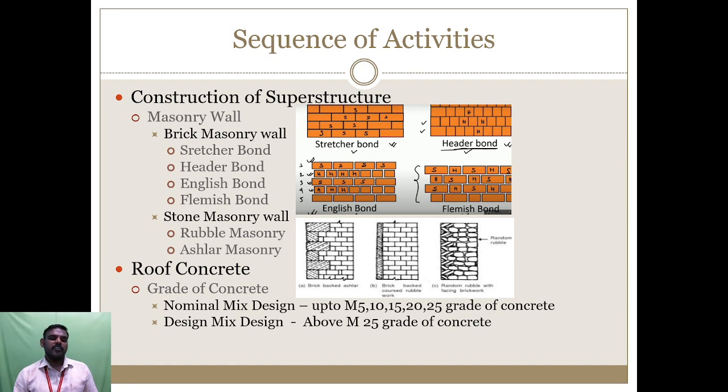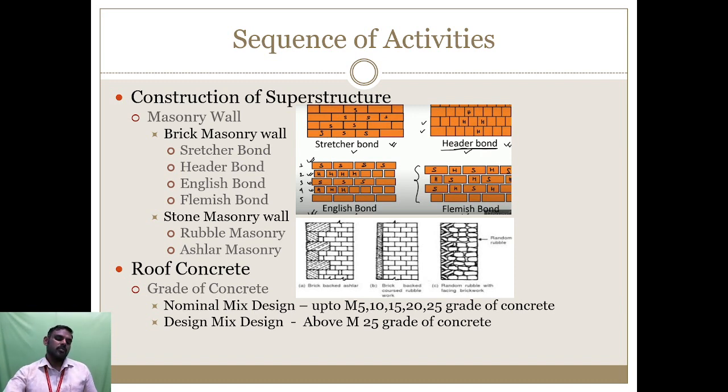If it is a framed structure, roof concrete is laid above the beams of the building. Okay, the side walls are connected by the side columns, the columns are connected by beams, and the roof concrete is laid on the beams.